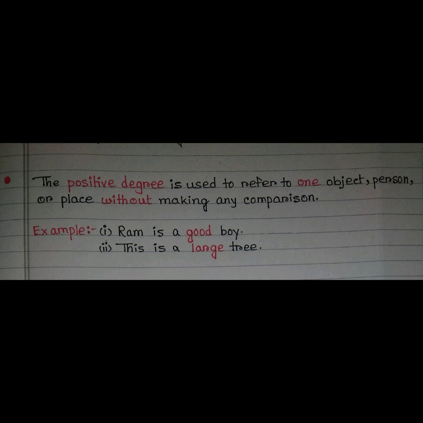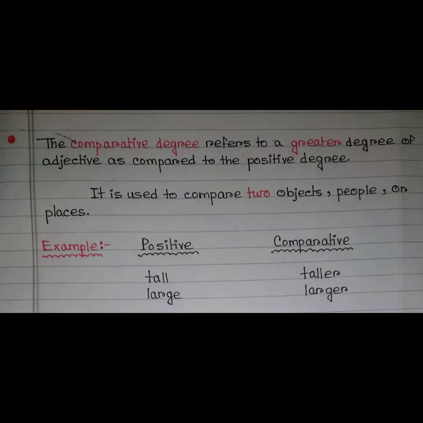As for example, Ram is a good boy. This is a large tree. Here is no comparison. Now, the comparative degree. The comparative degree refers to a greater degree of adjective as compared to the positive degree. It is used to compare two objects, people or places.